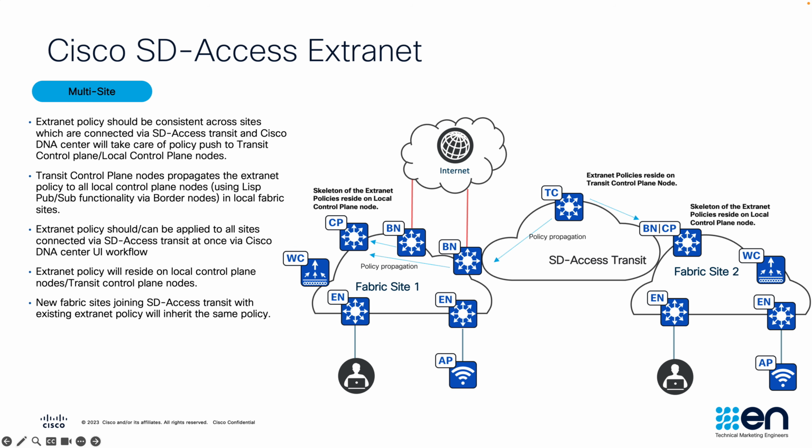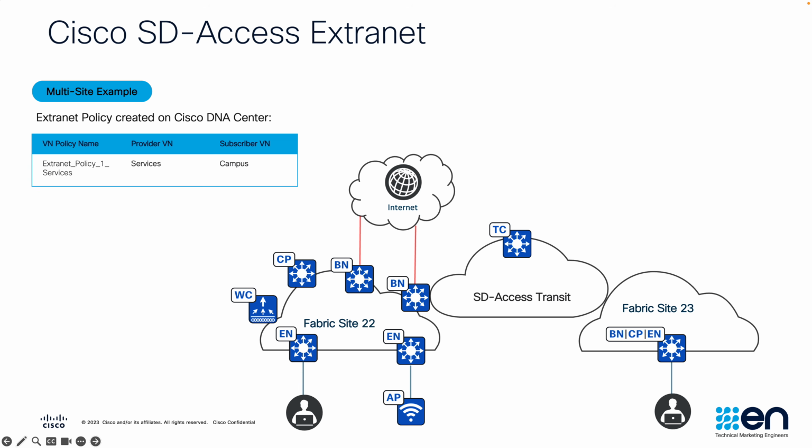And the extranet policy can be applied to all sites connected via SD-Access transit simultaneously through our controller UI workflow. And the extranet policy resides on the local control plane nodes and the transit control plane nodes, with the main policy residing on the transit control plane nodes in an SD-Access scenario, and the skeleton of the policy residing on the respective site local control plane nodes.